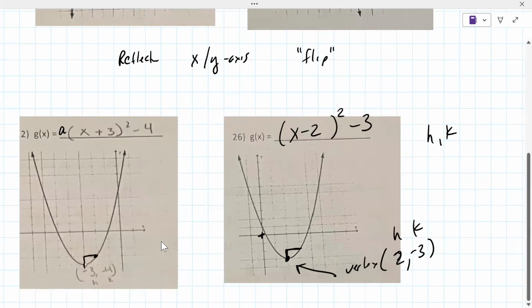So yep, I agree. Now let's look at what was the next one I saw on your list here. 27, and then we'll do 31. The only difference about this one is that it's reflected over the x-axis.